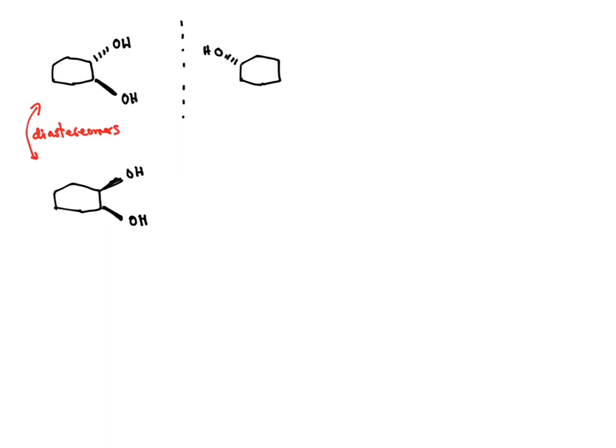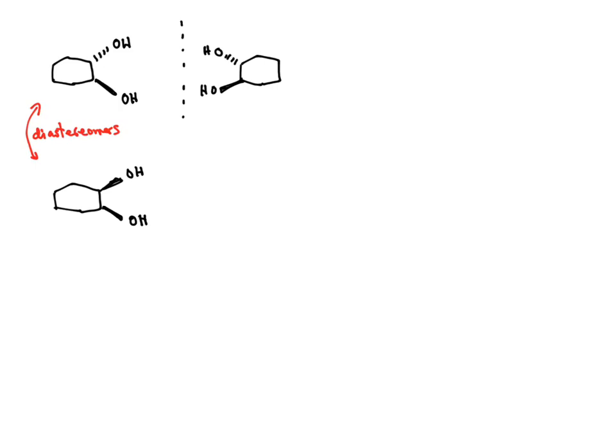We have the OH going back, we have the OH moving forward. And indeed, when you try to superimpose it upon the first one, you can rotate it 180 degrees clockwise, and the OH group that's on the bottom will become the top OH group, and it will be a wedge, which is in the exact opposite direction of the OH group in the first molecule, which is a dash.